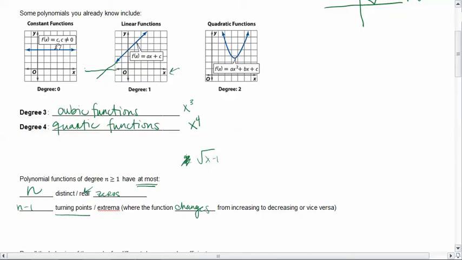For degree 2, so this is an x squared function, you might have 2 zeros. So you could have x squared minus 3. You're going to cross that x-axis at multiple locations, which means you're going to get 2 zeros. And also, n minus 1 turning points for x squared, so 2 minus 1, we're going to have 1 turning point. We're going to have one place where we have either a max or a min.